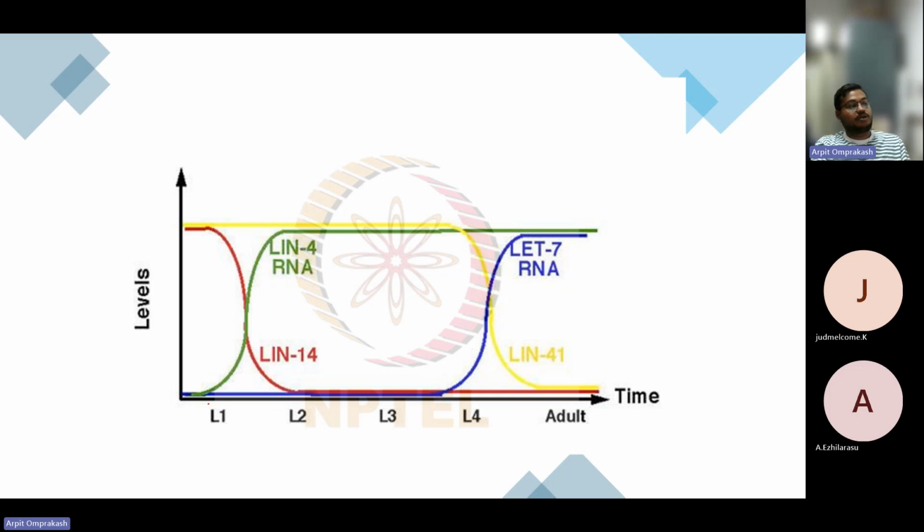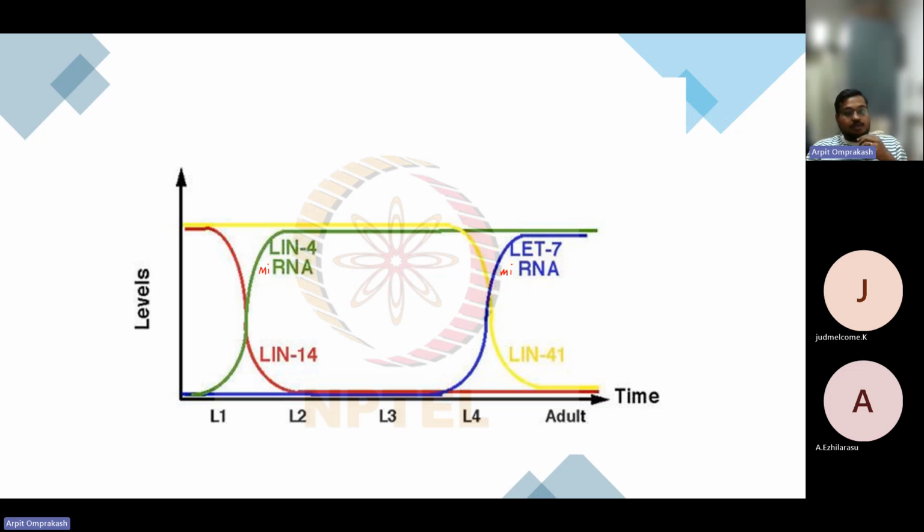As the C. elegans progresses from L1 to L2, the Lin4 miRNA increases in production. This leads to a sharp decline in Lin14; it stops Lin14 translation.